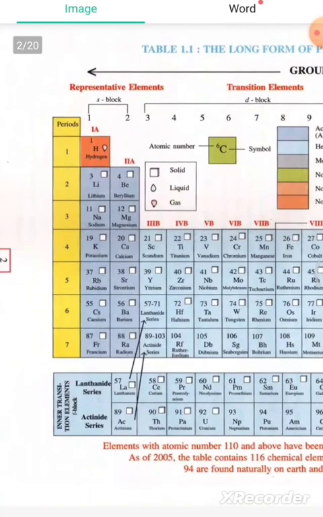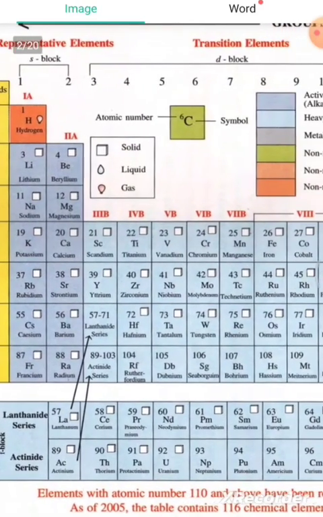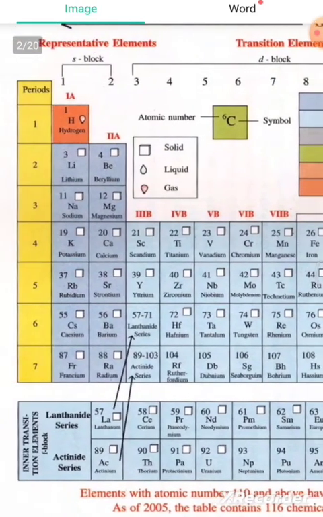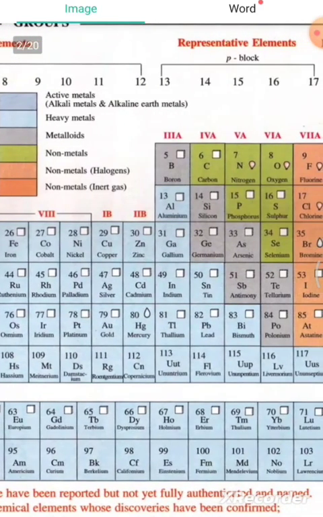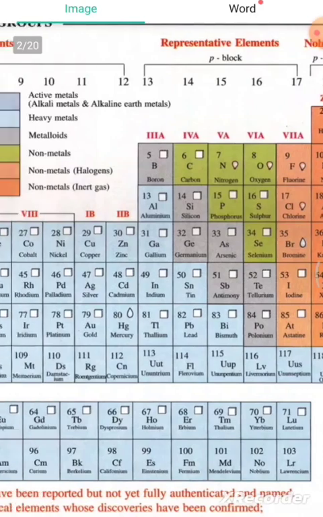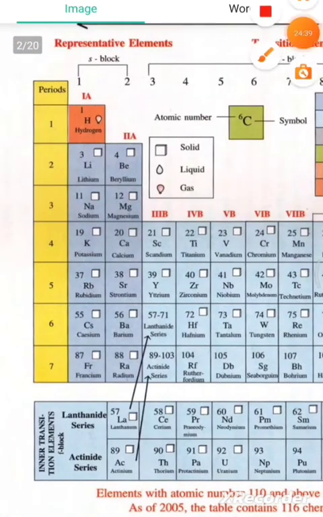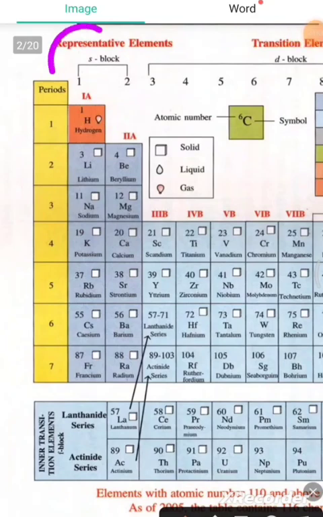So let us try to draw period 2. In period 2 you can see lithium, beryllium, and it goes up to neon. So lithium first, let us draw lithium. Atomic number is 3. The electronic configuration is 2, 1, that means 2 cells.